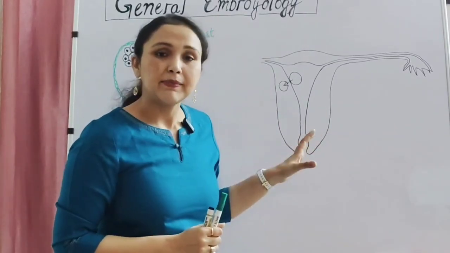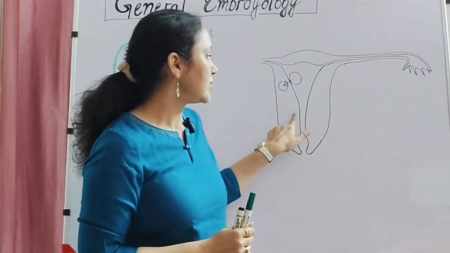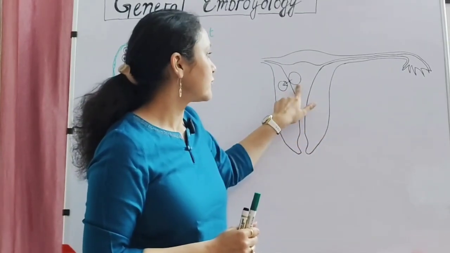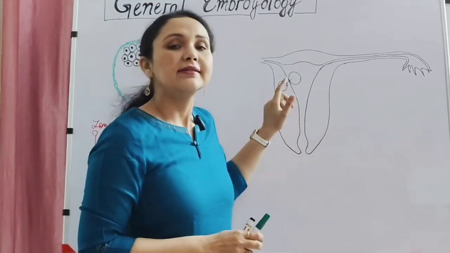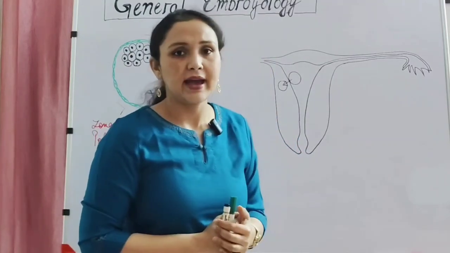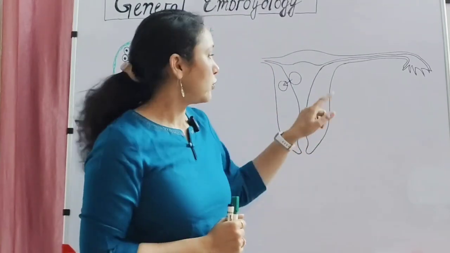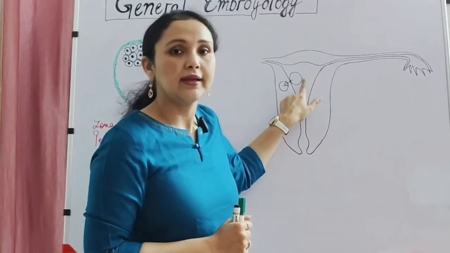This is known as implantation, and this type of implantation is known as interstitial implantation, where the blastocyst has implanted into the wall of the uterus. There is another type, the central implantation, that is there in the animals, where the embryo grows in the uterine cavity. The implantation occurs in the uterine cavity.